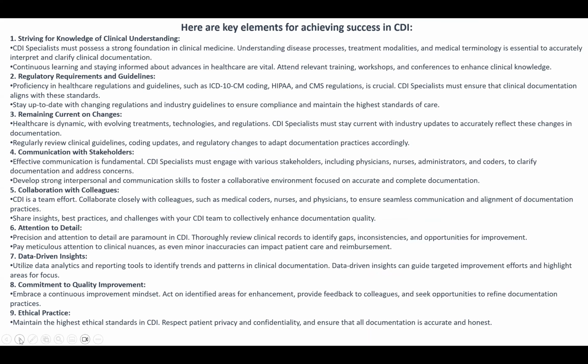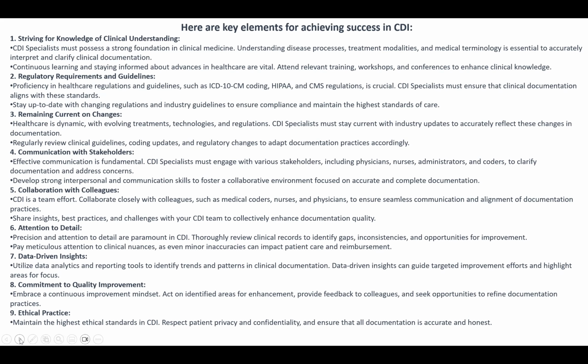So here are some key elements for achieving success: striving for knowledge of clinical understanding. CDI specialists must possess a strong foundation in clinical medicine, but don't confuse a CDI with being at the level of a clinical practitioner.